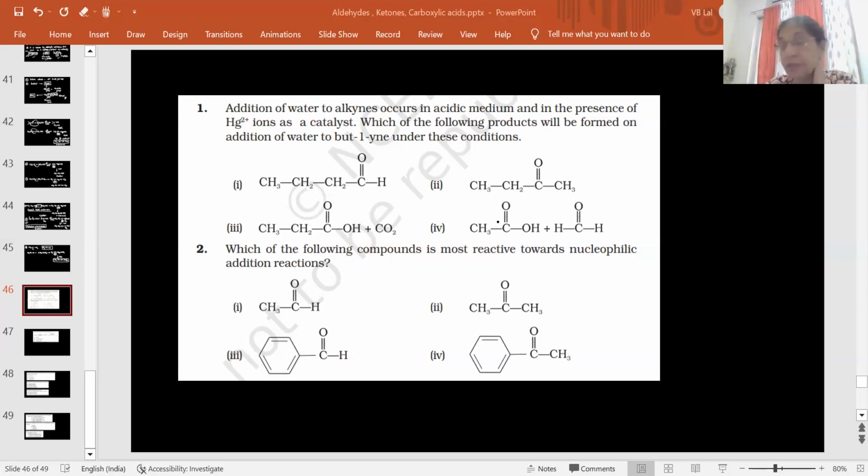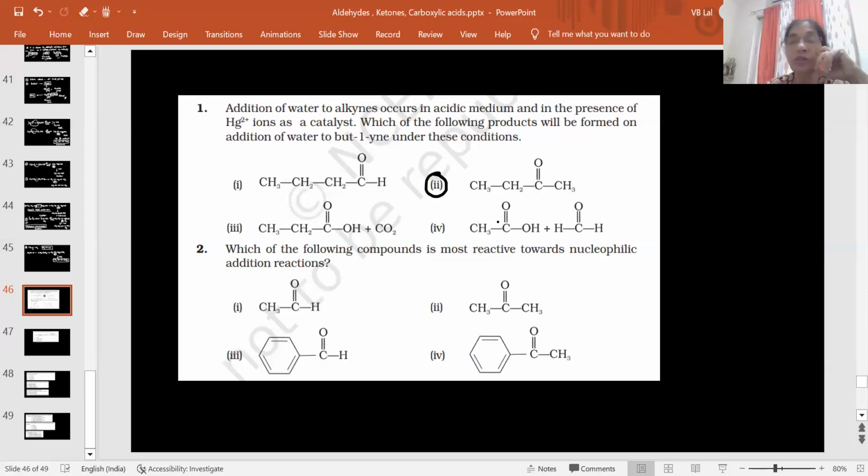What is the correct answer? Who will tell me? Hariharan? Butanone, ma'am. Yes, correct. Because the only aldehyde that we get is acetaldehyde. You don't get an acid, and you don't get a mixture of aldehydes or butanol.